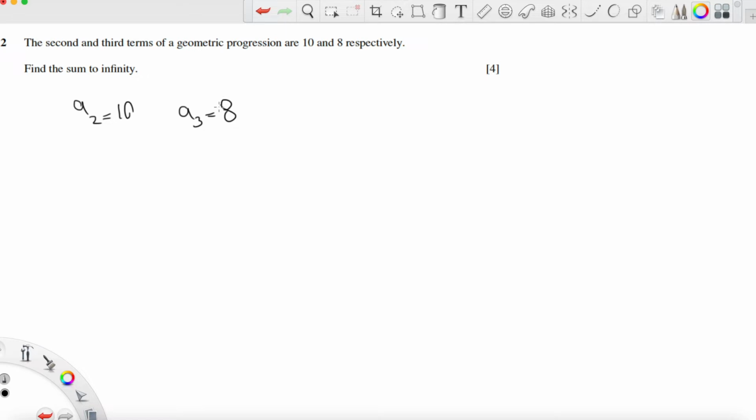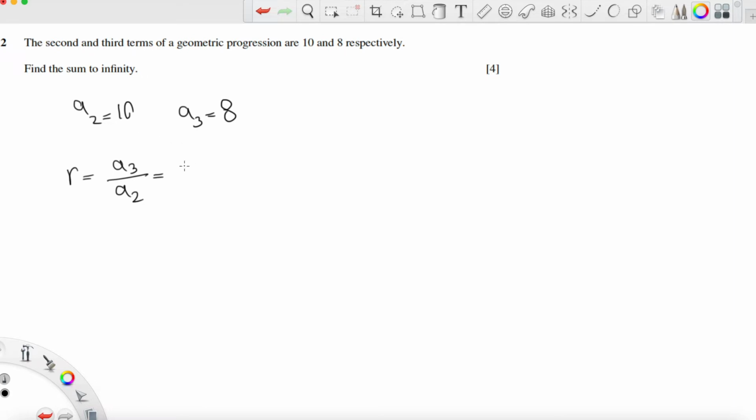We know that by the definition of geometric progression, the ratio between any two consecutive terms is a constant, which is called the common ratio. So r can be written as a3 over a2, the ratio between the third and second term.